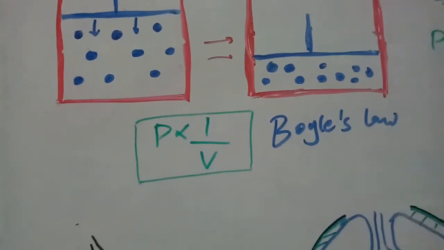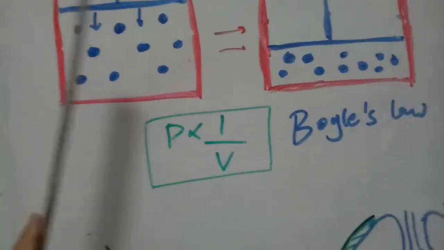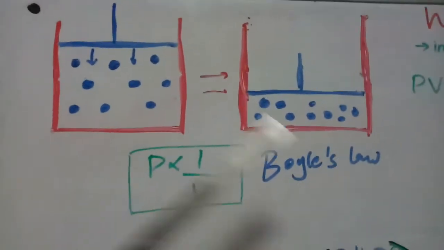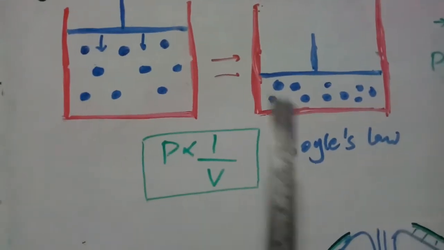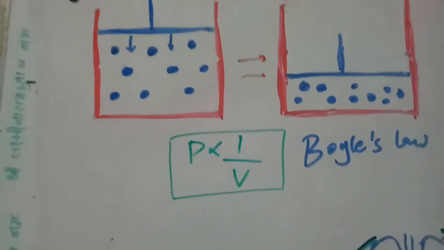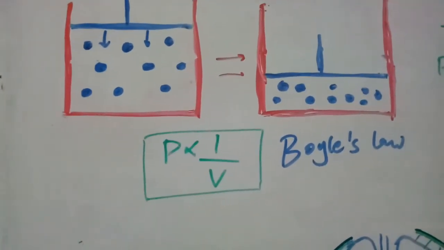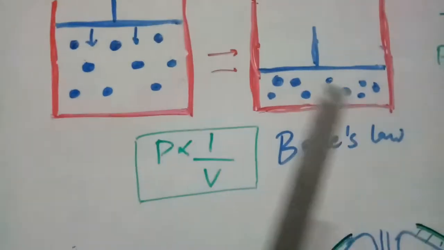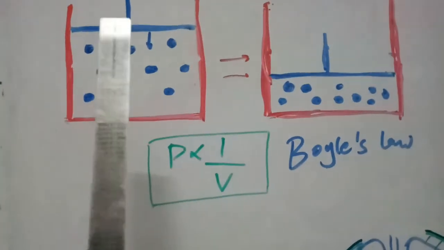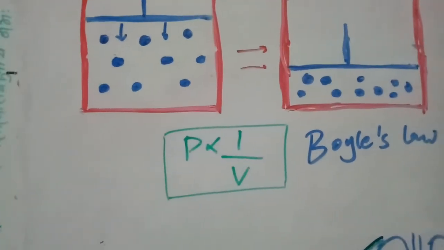I have shown one example here, that we have a fixed mass of gas in the same container. Now as we decrease the volume, as I have shown here, the amount of gas is going to remain the same.